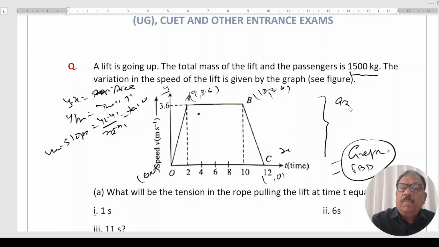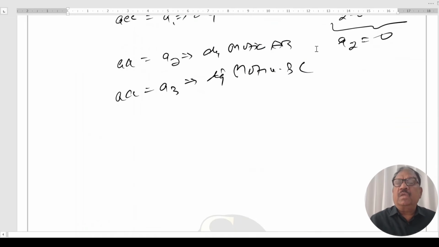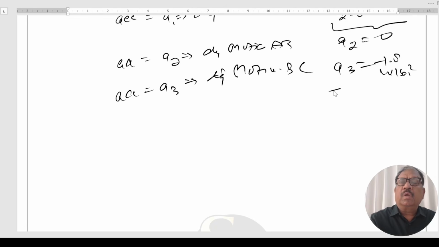A3 will come out to be y2, 0 minus 3.6, divided by 12 minus 10, that is minus 1.8 meter per second square. So we get the acceleration in the three cases.